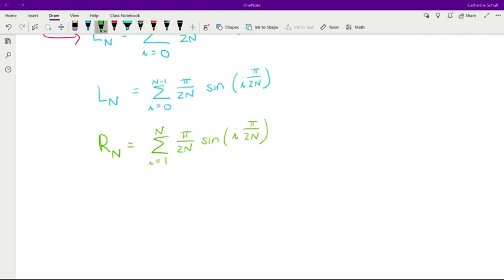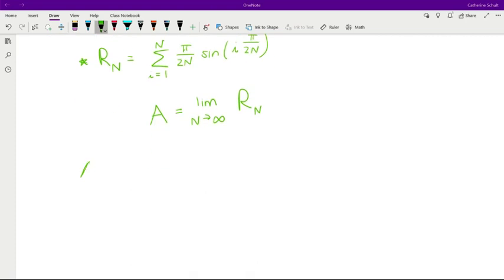Okay, so we know that if we take the limit of both Ln and Rn, we're going to get S, which is the area under the curve. So I'm just going to choose Rn. I could have chosen Ln, but I'm just going to work with Rn. So now we're saying that the area under the curve is this limit as capital N goes to infinity of Rn.